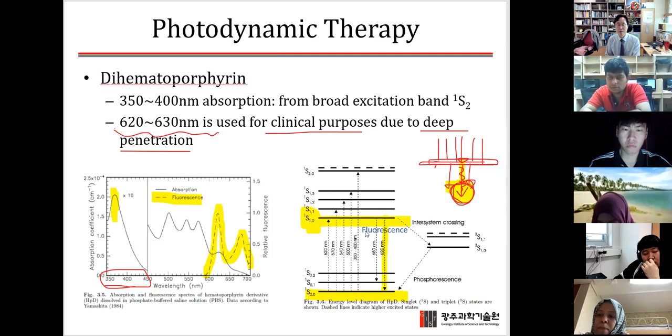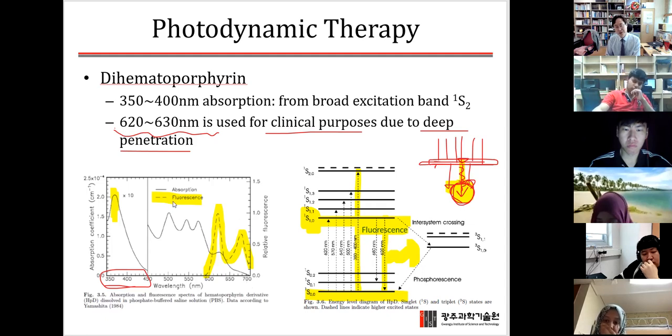Of course, the fluorescence light is going to have a smaller energy compared with the absorbed energy, so the wavelength is going to be longer. That's why the fluorescence is in this longer wavelength range.